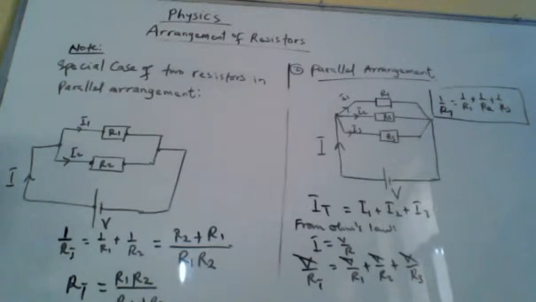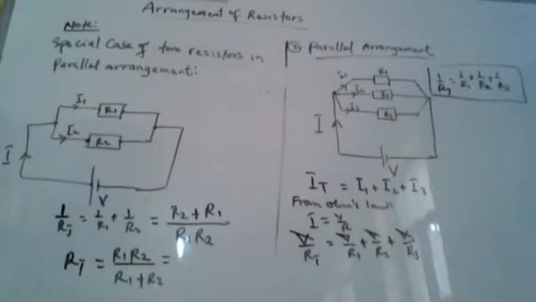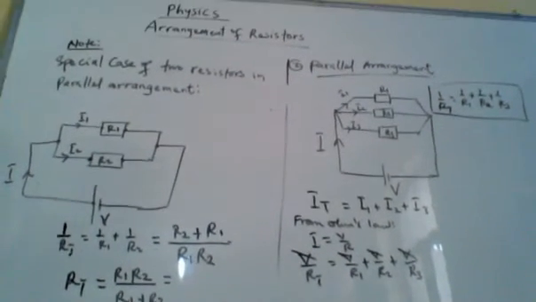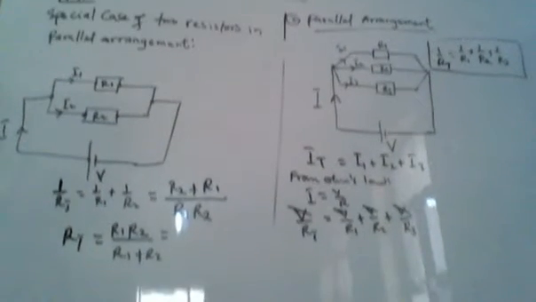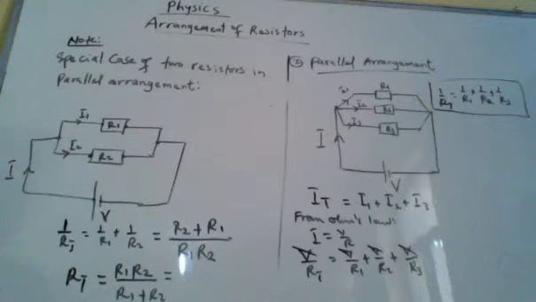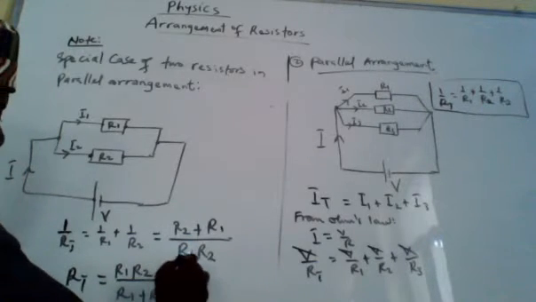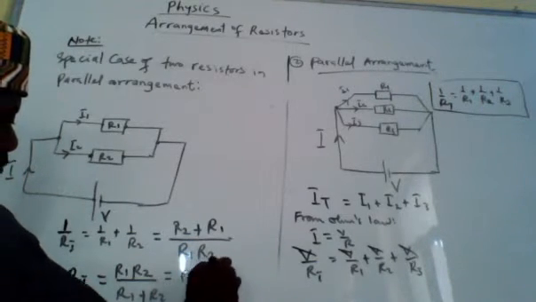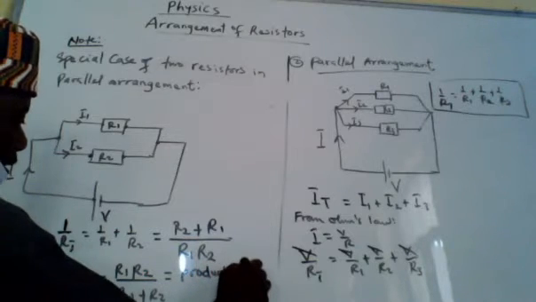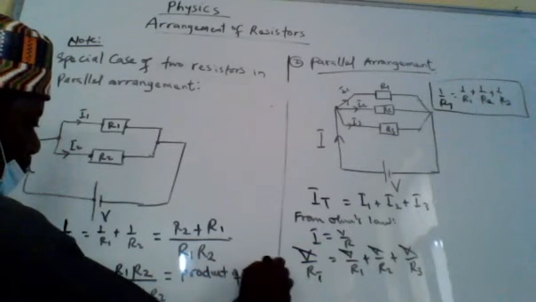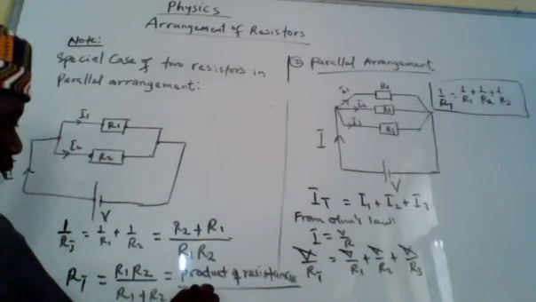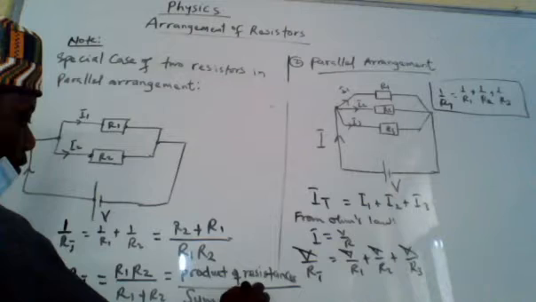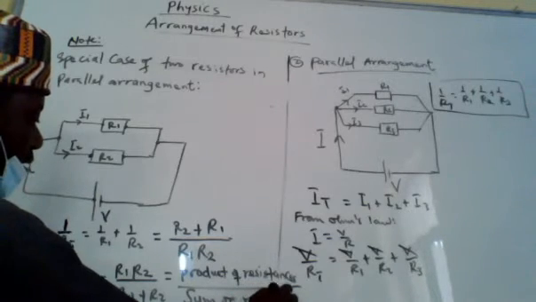So this is now going to be equal to product of resistances over sum of resistances.